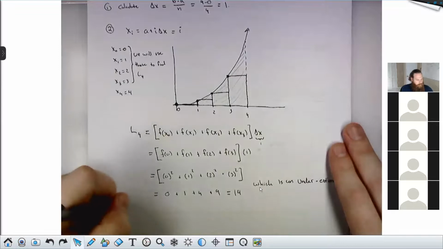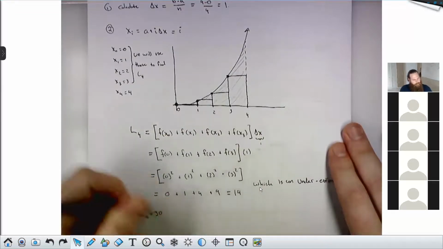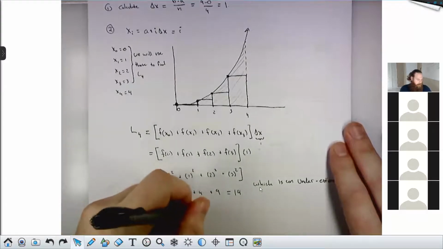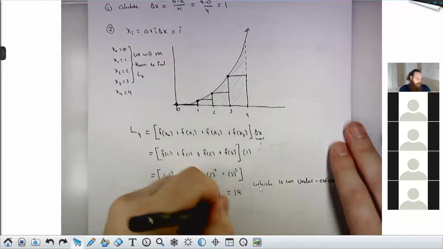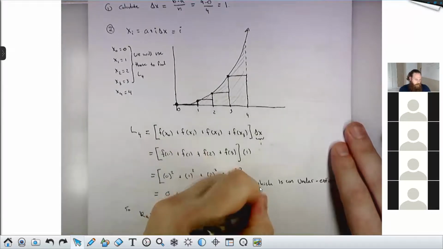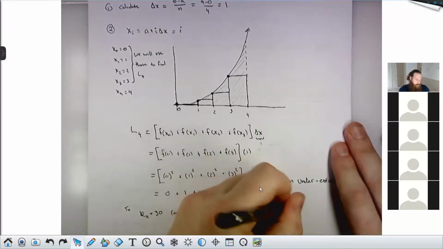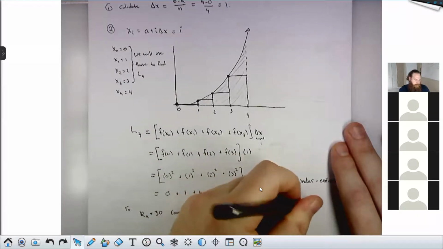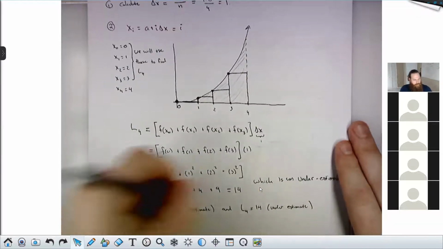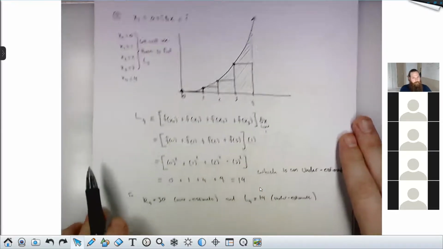So R4 was 30 and this was an overestimate, and L4 was 14, which is an underestimate. If I want to try to get at the actual value of that area, I know it's going to lie somewhere between 14 and 30.